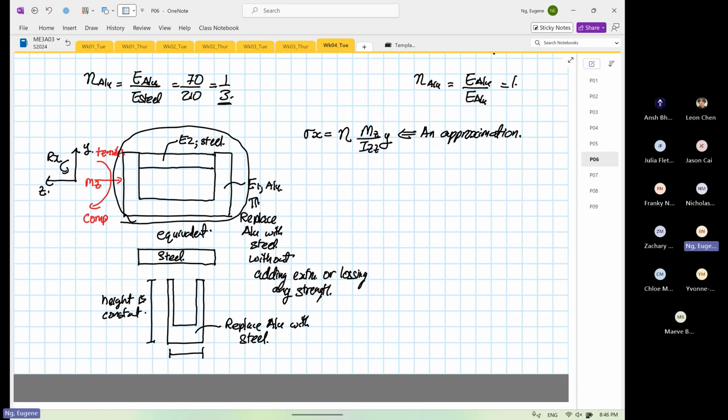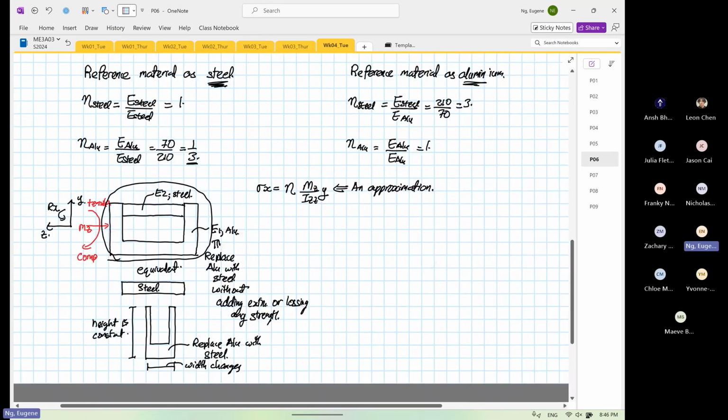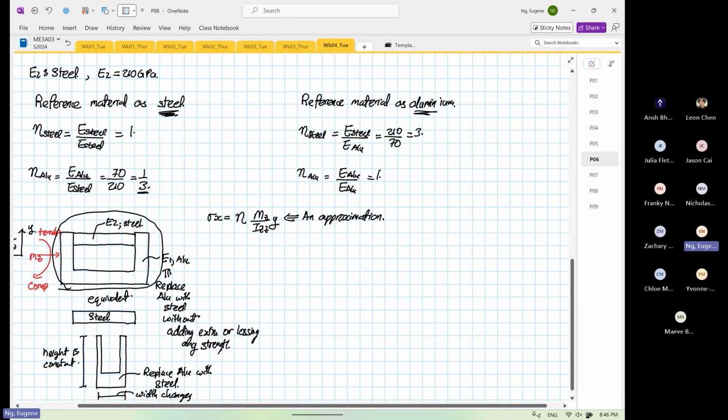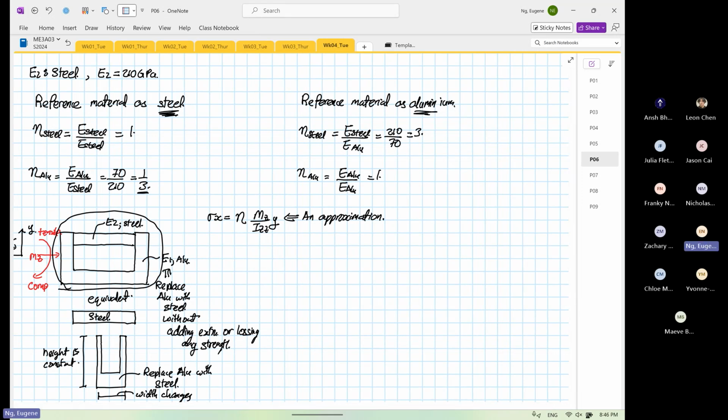Only the width changes. This is very important. Now, what does it mean by using aluminum as the reference material?